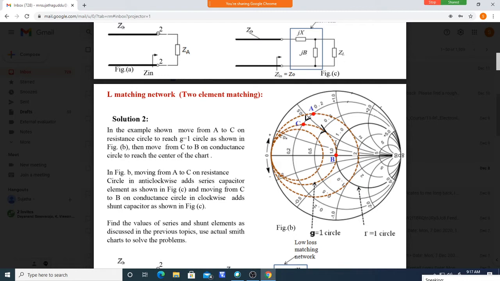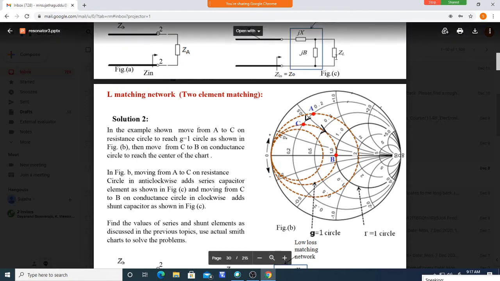Now from here you move like this and reach this circle. From here you move to here. So if I have a 50 ohm load, I can get the impedance equal to this.